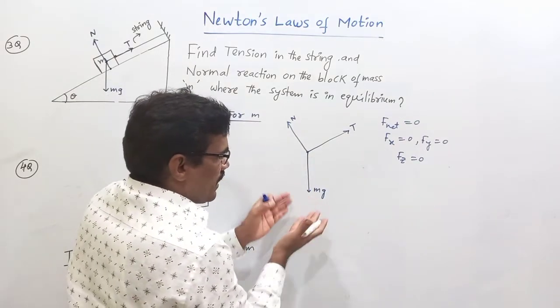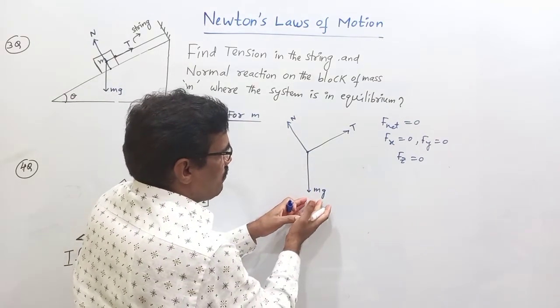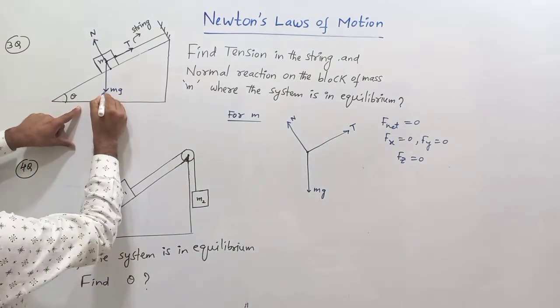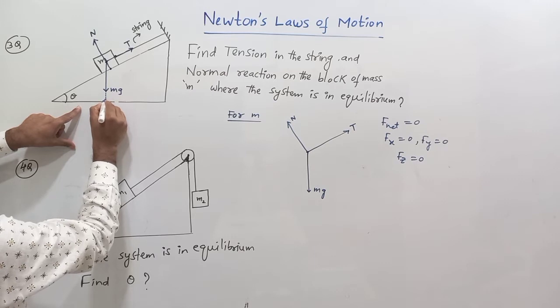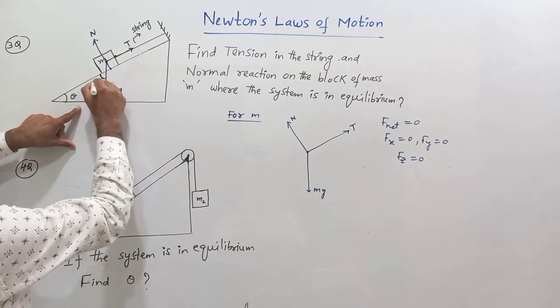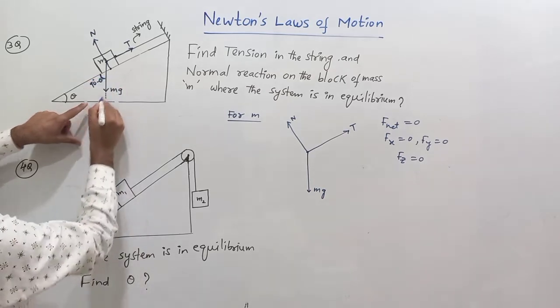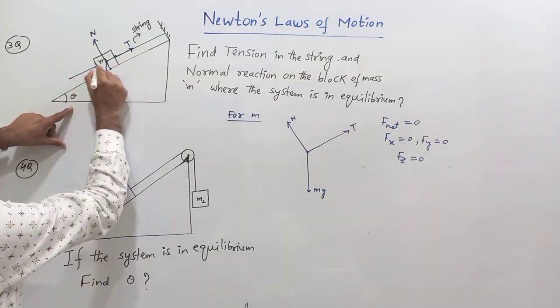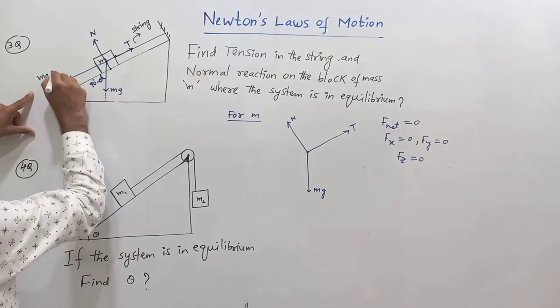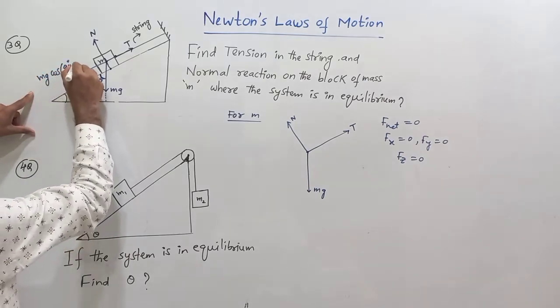So, for our convenience, the mg can be resolved along this side and along this side. We know that, so here this is the mg direction. What is this angle? This is 90 minus theta. mg can be resolved along this side: mg cos of 90 minus theta.